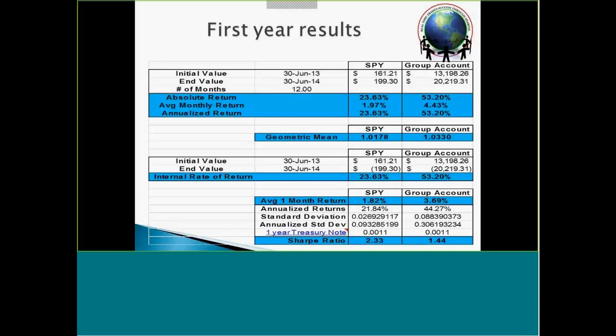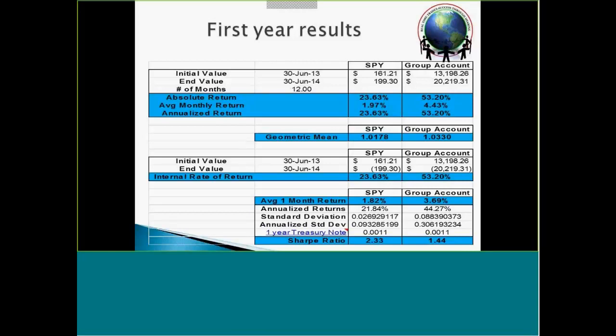As a matter of fact, we actually do weekly deposits to this account. However, the column where it says group account does not include any deposits or anything like that. So basically, I exclude that from the analysis, so I get the real results, not anything flavored by deposits or any other actions of putting money in or taking money out.